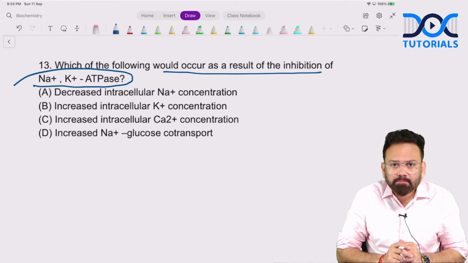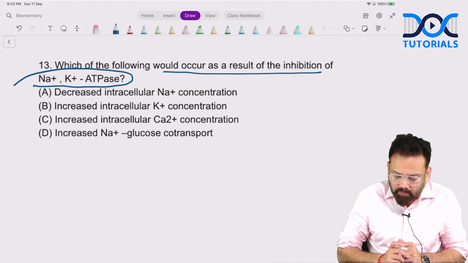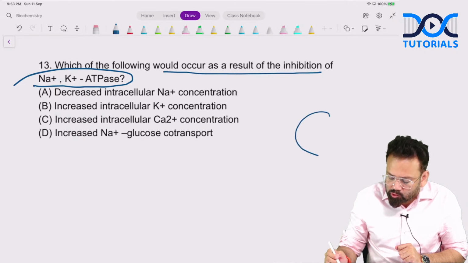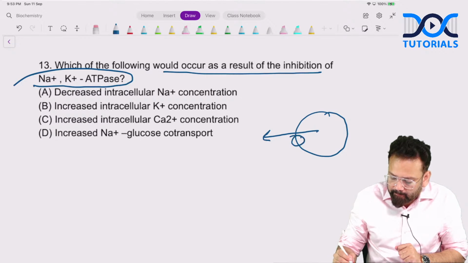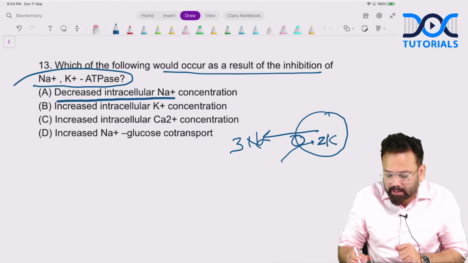Can you name it? Digitalis. If you block the sodium potassium pump, what is it causing? The pump causes outflux of 3 sodium and influx of 2 potassium.